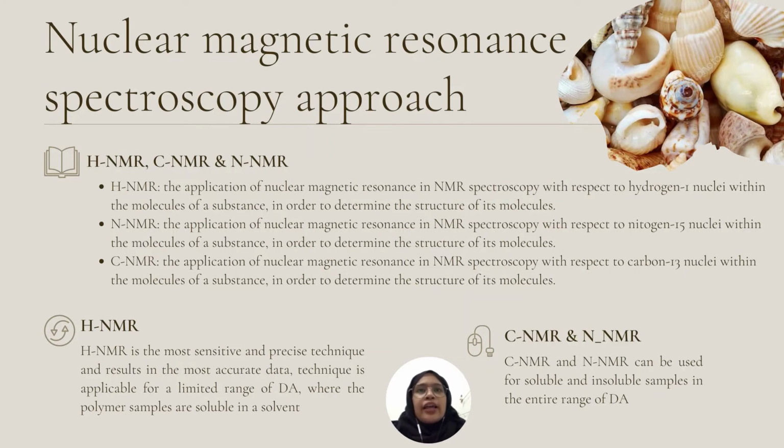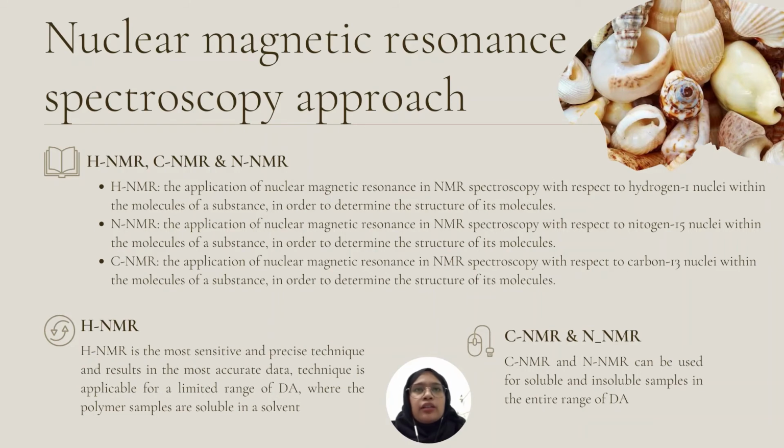First is HNMR, the application of nuclear magnetic resonance spectroscopy with respect to hydrogen-1 nuclei within the molecules of a substance in order to determine the structure of its molecules. Second is NNMR, with respect to nitrogen-15 nuclei within the molecules of a substance.